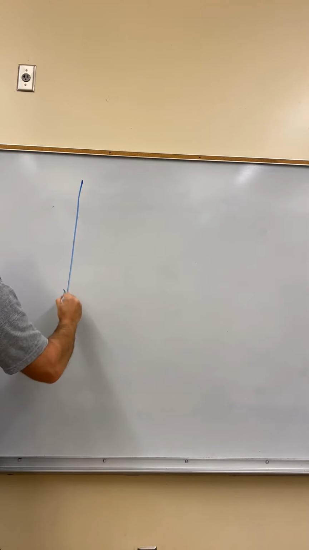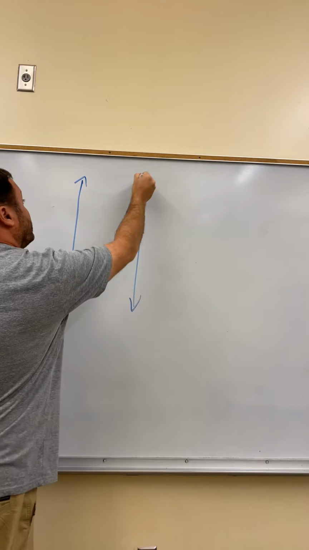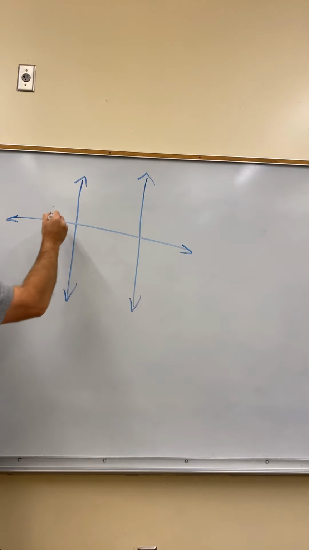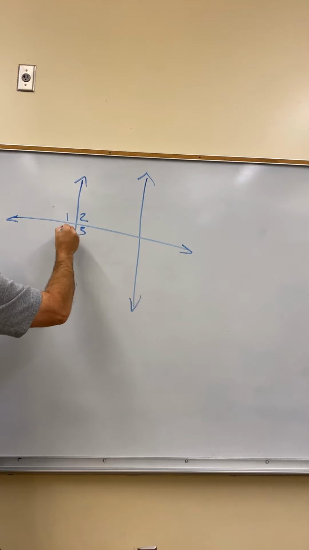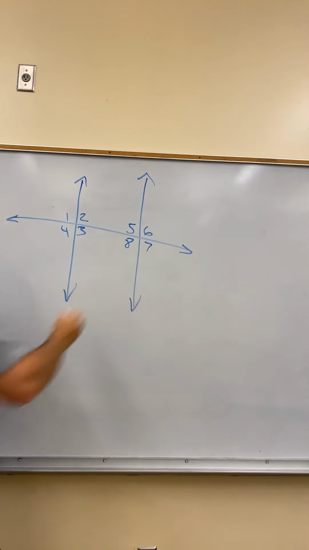Now what if they change it up? What if they make the lines go this way? One, two, three, 4, 5, 6, 7, 8. Okay, so let me give you one angle over here and see if you can go through and solve for the rest.